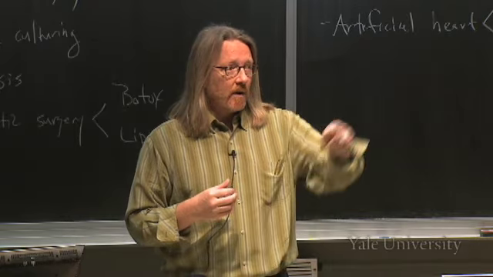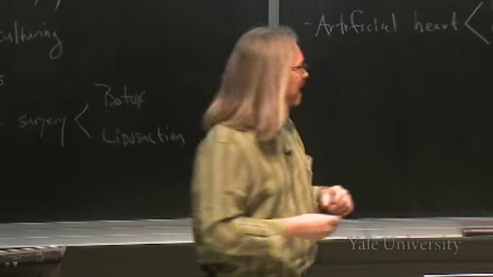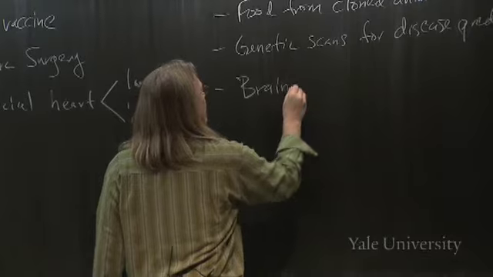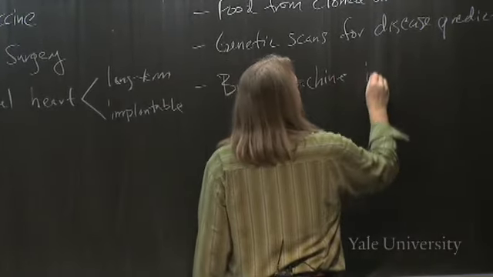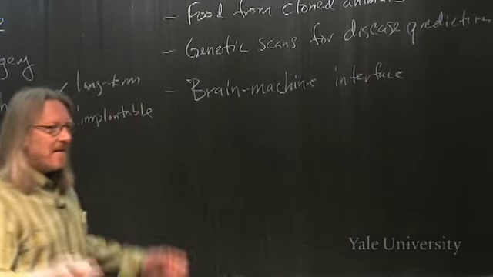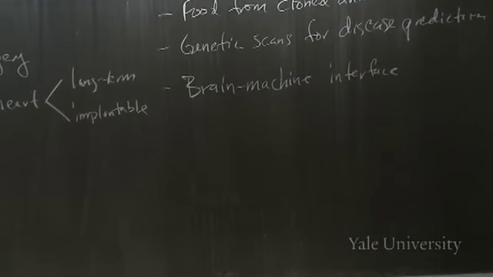Others? A couple more. Yeah. So I'm going to call that chips implanted in the brain to control prosthetics, but I'm going to make it a little bit more general and call it a brain-machine interface. So some way of interfacing activity in your brain with the outside world.